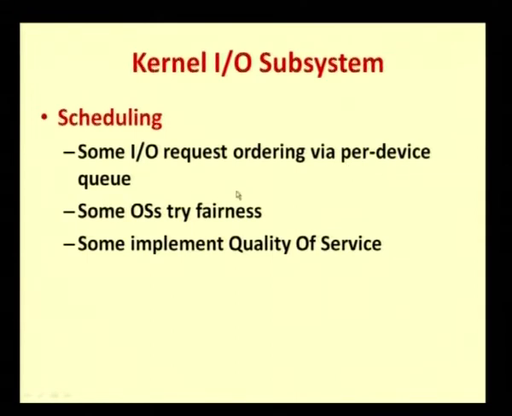At a time when you want to print a page, and at the same time you want to view a picture using a projector, you give those requests, and based on the device request, this gets executed. Some OSes try fairness, and some implement quality of service. This is my first kernel I/O subsystem, scheduling.